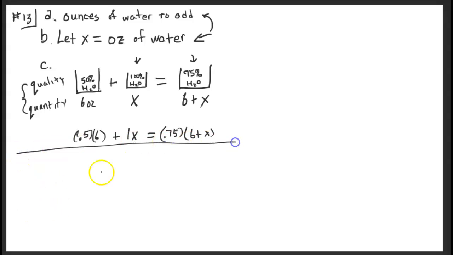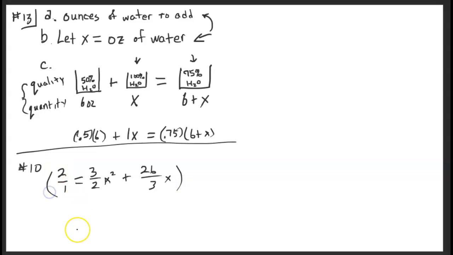So that number 10 problem is this: 2 over 1 equals 3/2 x squared plus 26 over 3 x. Well, remember, when you've got fractions throughout the equation, go ahead and multiply by a common denominator. If it were me, I would multiply everything by 6. And that'll eliminate the fractions, and then you can go about solving as you know how to solve.